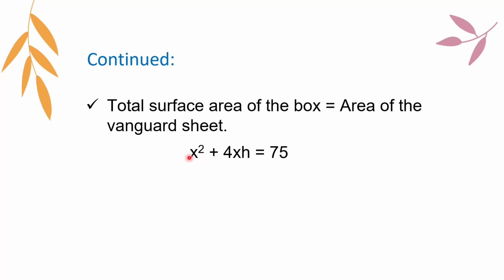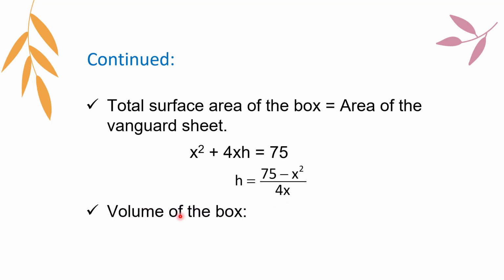This is the base, and 4xh is the curved surface area bounded by the base. Since it is open, you do not multiply x squared by 2. So x squared plus 4xh equals 75. Actually, this is the relation for making h a function of x, so that later, when we differentiate the volume, it will be only in the variable x.